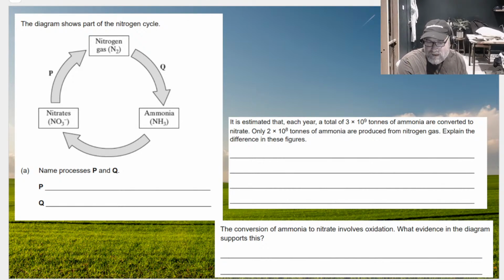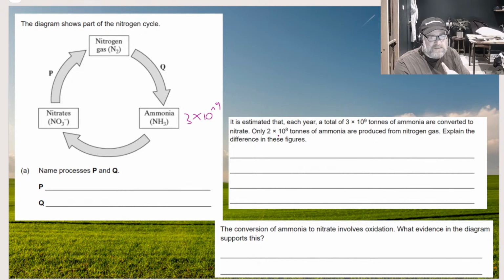Okay, this next question says it is estimated that each year a total of 3 times 10 to the 9, so 3 billion, tons of ammonia are converted to nitrate.